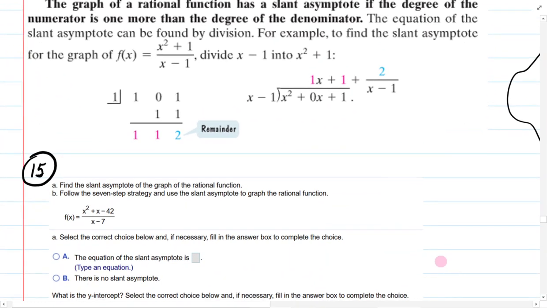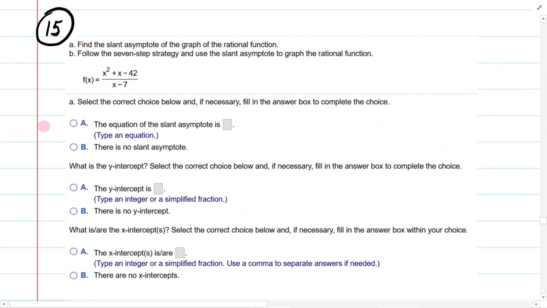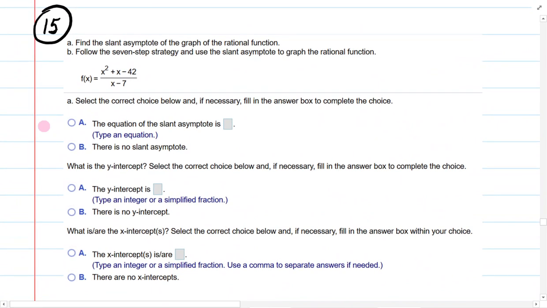Let's take a look at number 15, which indeed will have a slant asymptote. It says find the slant asymptote of the graph of the rational function, and then follow the 7-step strategy answering all kinds of questions. So it says to find a slant asymptote.